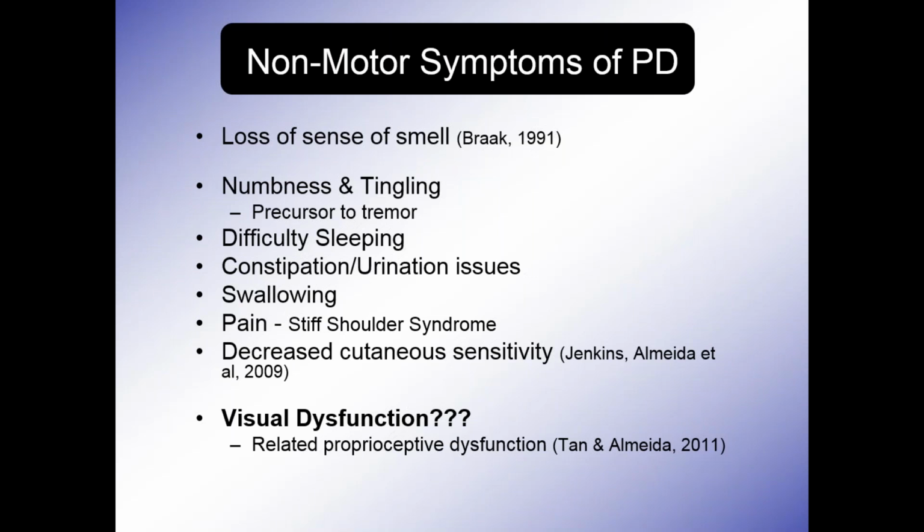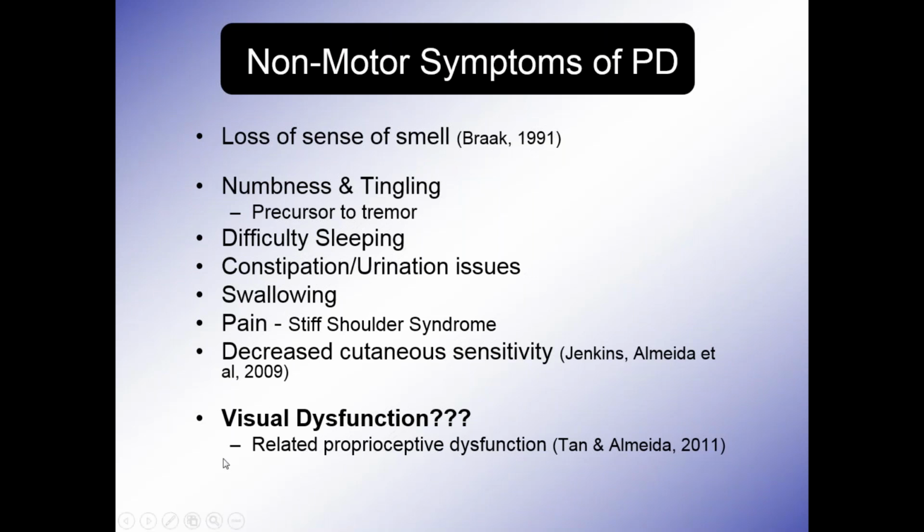Some of our research has pointed towards decreased sensitivity, and cutaneous sensitivity refers to the idea that you may not be able to sense with your fingertips or toes the things that you used to be able to feel. For example, if you were to put your hand in your pocket to feel for a quarter or a dime or a nickel, perhaps with Parkinson's it becomes more difficult to use your fingertips without vision to sense what's in your pocket.